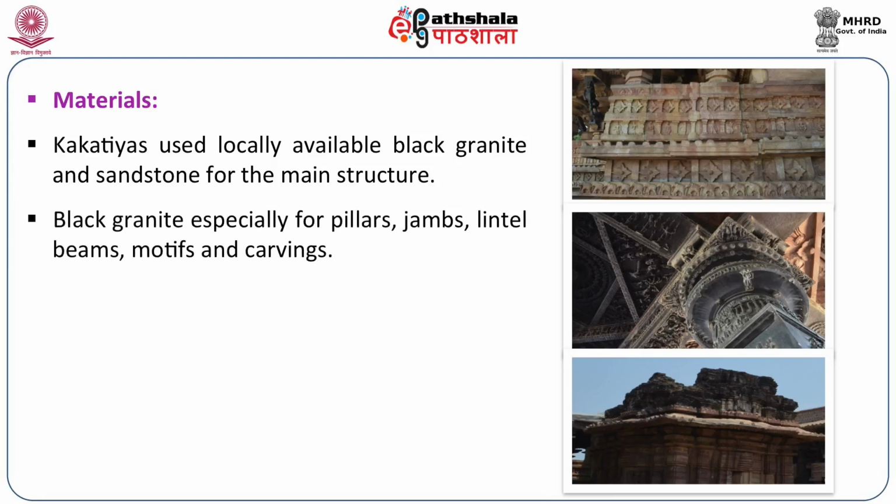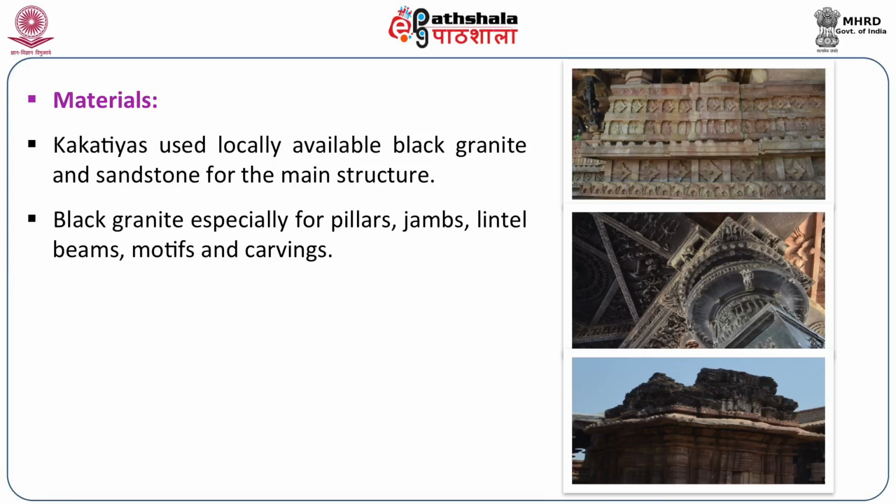The Kakatiyas used everything that was available locally. The black granite and sandstone were mainly used for the structure. Black granite for pillars, jambs, lintel beams, motifs and carvings. Granite is a hard stone. It is not very easy to carve.